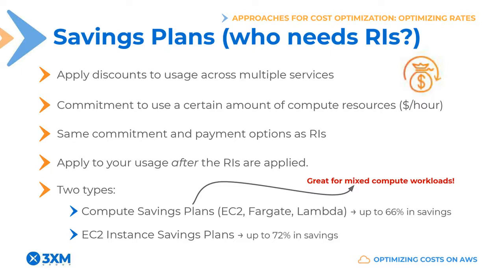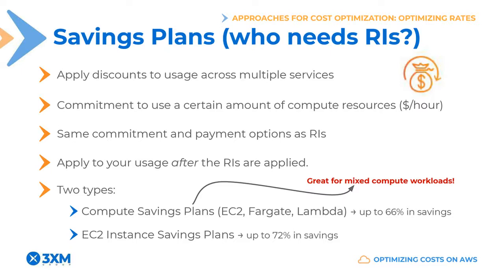Now, the other flavor of savings plans, and also the most interesting one, is compute savings plans. So compute savings plans have two distinct features that make them unique. They are global, which means they automatically reduce your usage costs across any AWS region, and they apply to Fargate and Lambda usage as well as to EC2 instance usage. So this is huge.